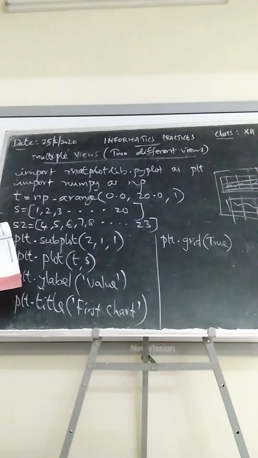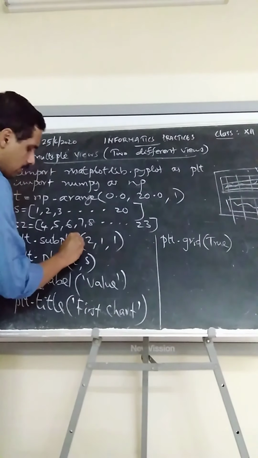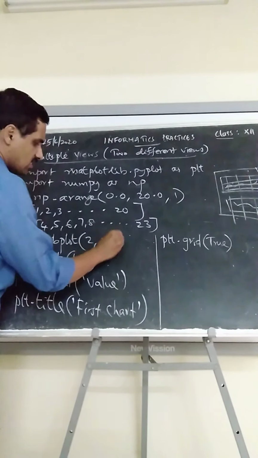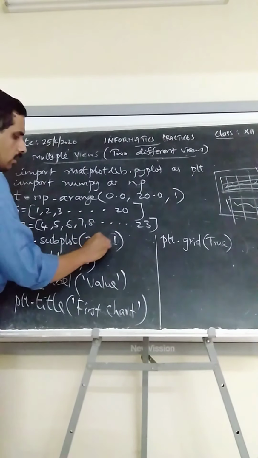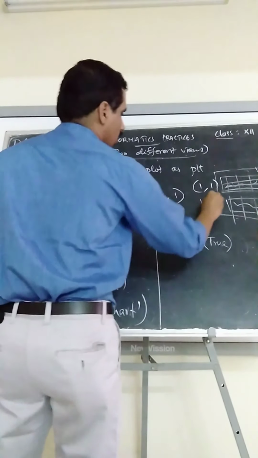Subplot 2, 1, 1. Now we will do subplot 2, 1, 2. So what do you mean by plt.subplot(2, 1, 1)? This indicates the first subplot of two plots. This will be 2, 1, 2.